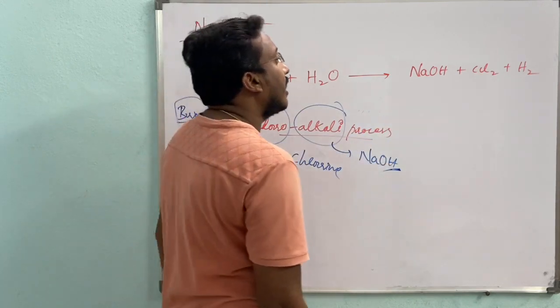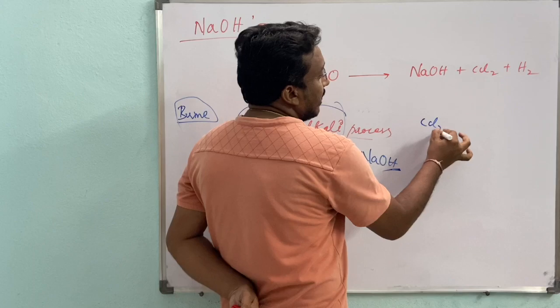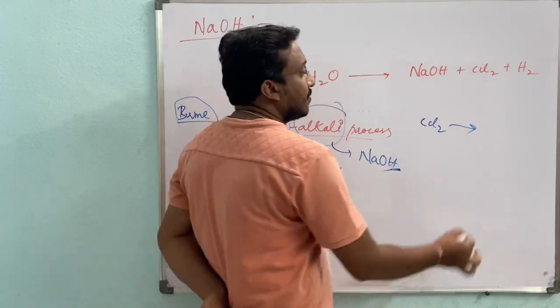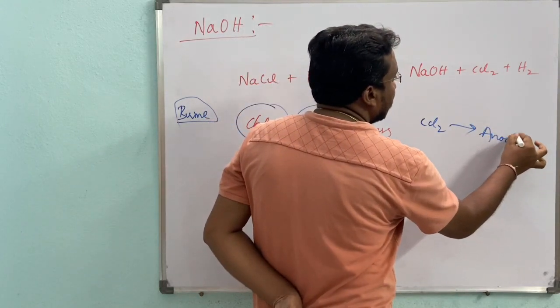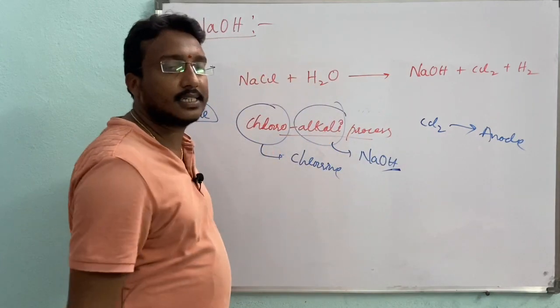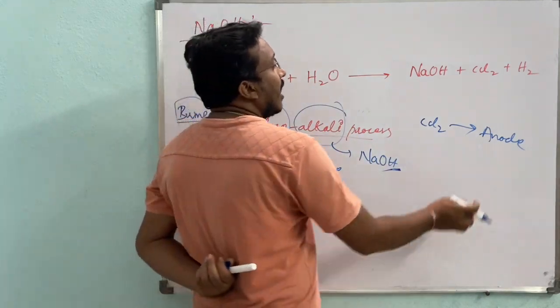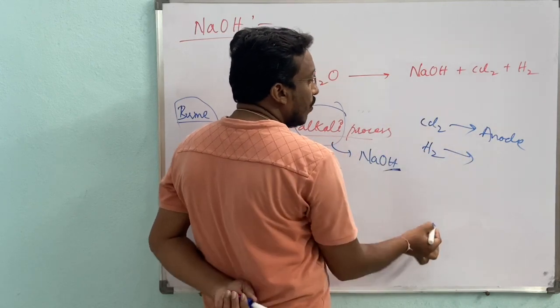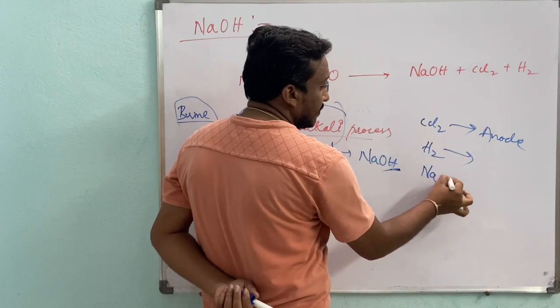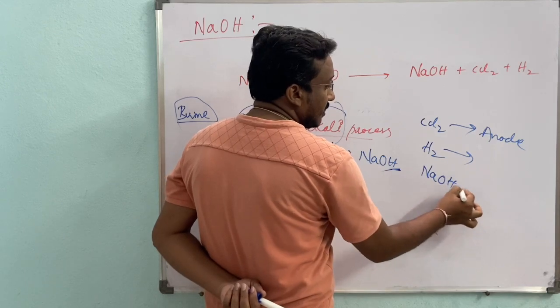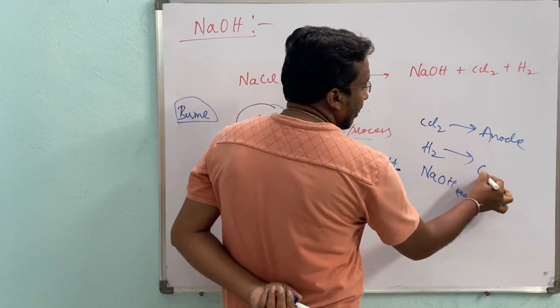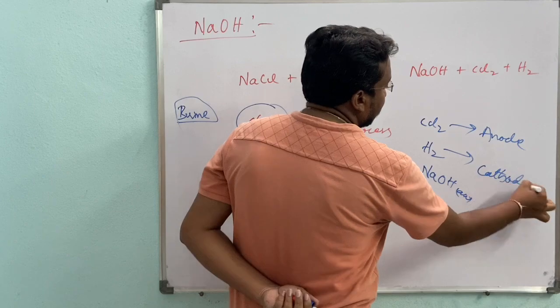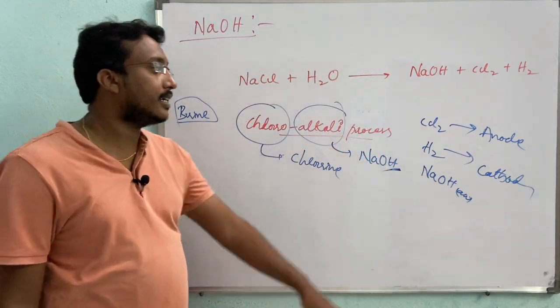Here chlorine gas is collected at the anode, and H2 hydrogen and NaOH aqueous solution are collected at the cathode.